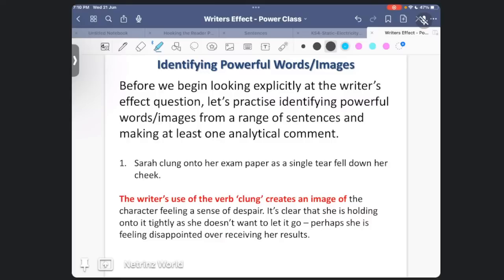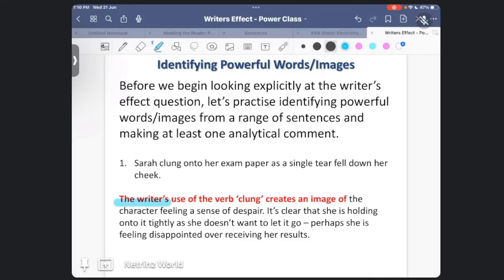Sarah clung onto her exam paper as a single tear fell down her cheek. The writer's use of the verb clung creates an image of... This is exactly how you should be answering this question. Always start with this. Pick a word.